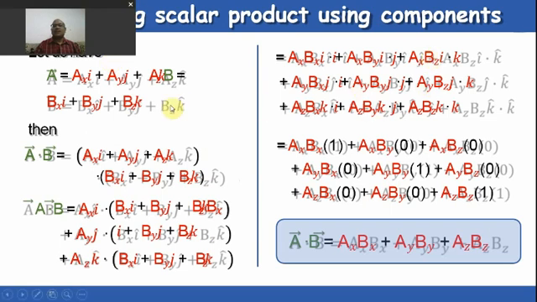These are the scalar products using components. A dot B is equal to AX BX plus AY BY plus AZ BZ.